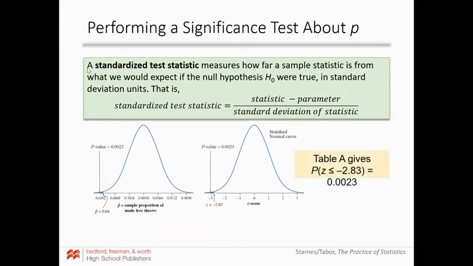So if we want to find the probability of getting a value of 0.64 or less in that basketball shooting example, you could use the calculator.